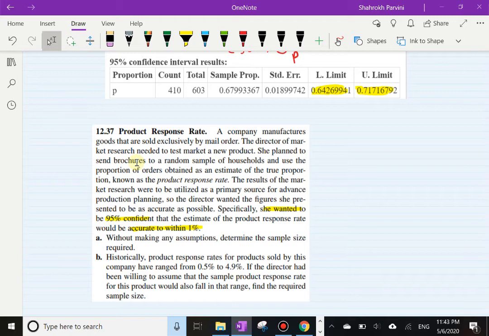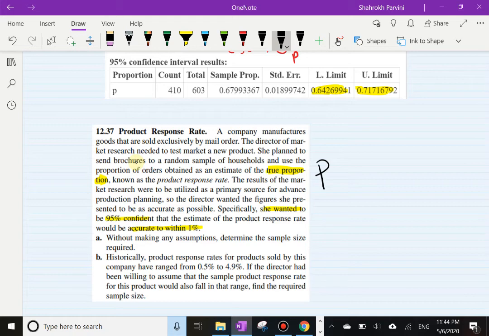Remember, when it reads true proportion like it does here, that is what nobody knows. And that's what we mean by P. That's the true proportion, known as the product response rate. So you want to know what the product response rate is to the brochures.